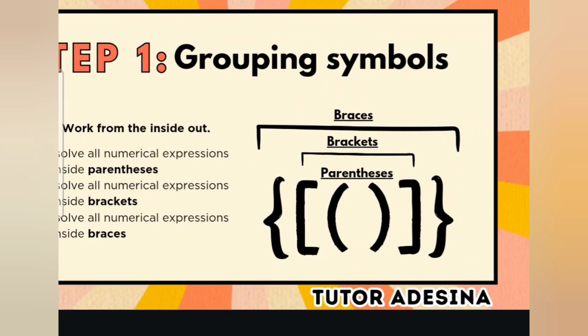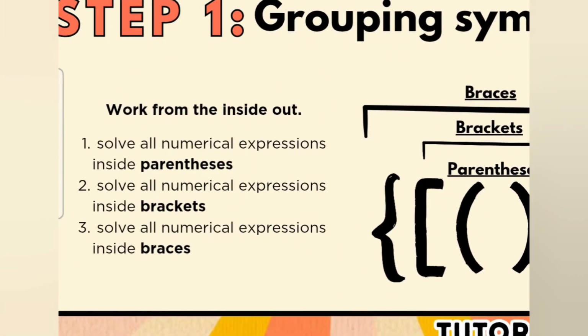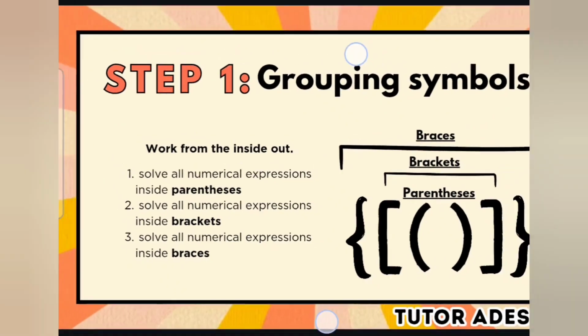Just make sure that you solve everything inside brackets, you start from the inside bracket right to the outside bracket. So you work from the inside bracket, then to the next outside, then to the next outside. No matter how many brackets you have, just make sure that you start from the inside.